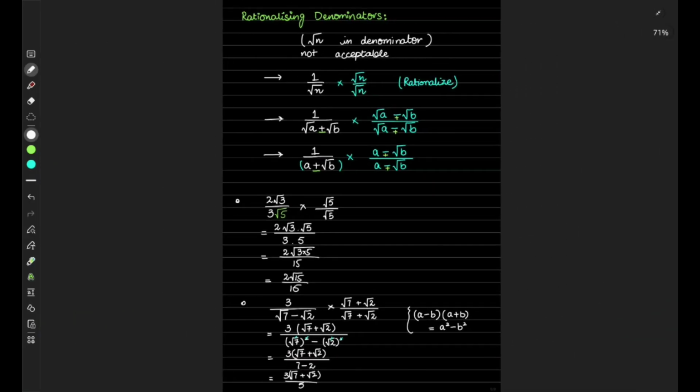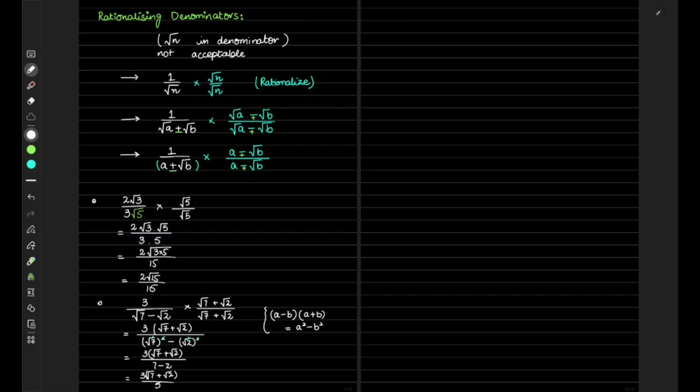Yeah, that's it. Now let's take one last example. We have done the example where we have both surds. Now let's take an example where we have in the denominator a sum or subtraction, but you have one surd and one non-surd.